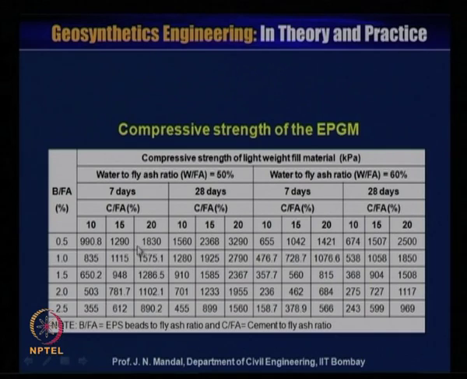But overall, if we look here, when the water to fly ash ratio is 50%, for the 28 days it gives a much higher value than this water to fly ash ratio of 60%. Here it is giving, let us say 2500 for 20%, here it is giving 3290 kilopascal for 20%.